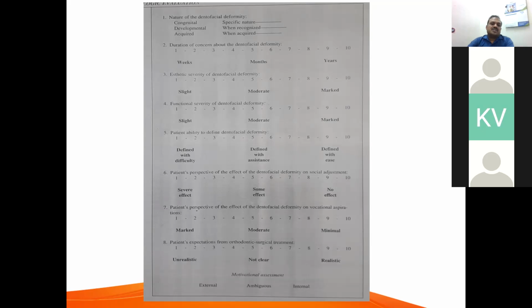Here, when you look at questions number 6 to 8, if the patient has a low level response to questions 6 to 8, then they are definitely externally motivated patients.